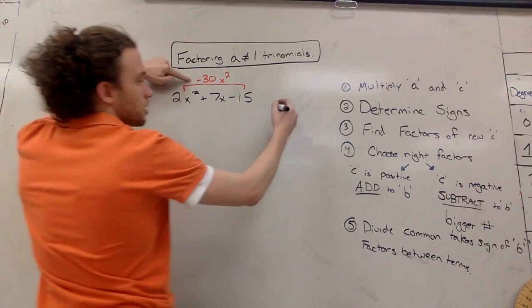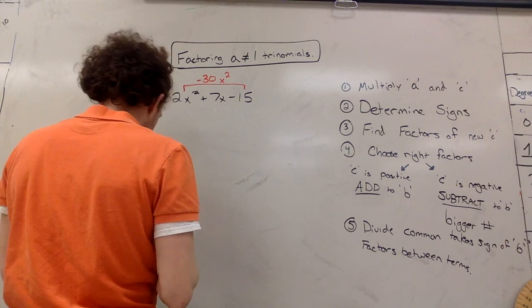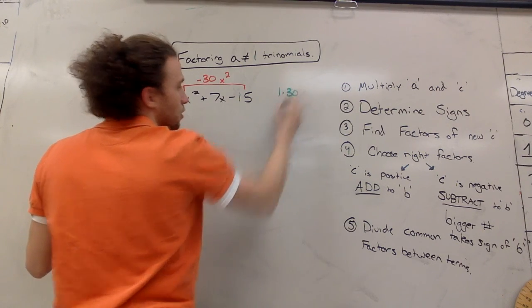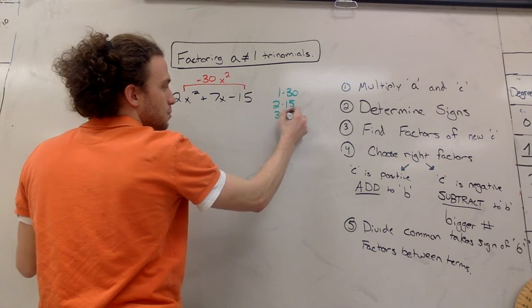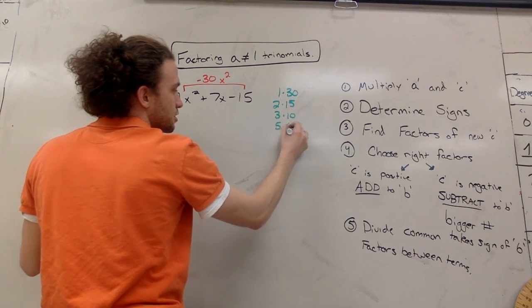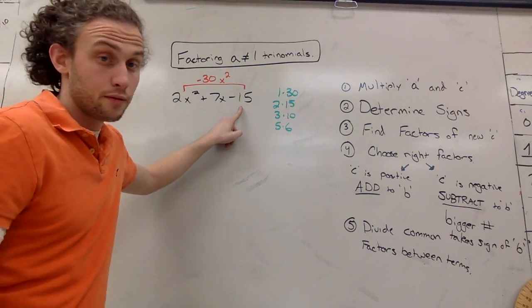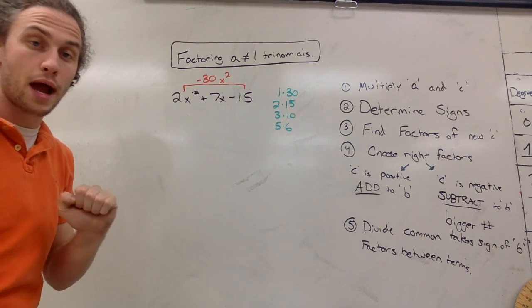So I look here and I say, all right, it's going to be 1 times 30, 2 times 15, 3 times 10, or 5 times 6. Now, because this is a negative, just like we chose before, the two numbers I choose have to subtract, okay?